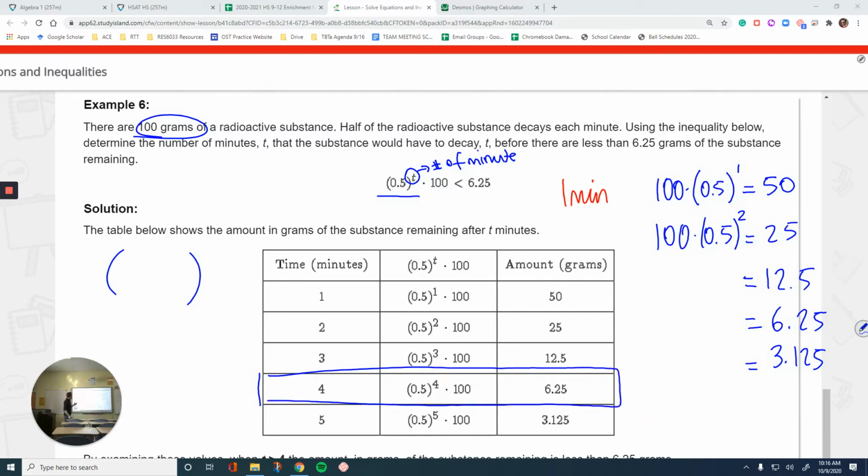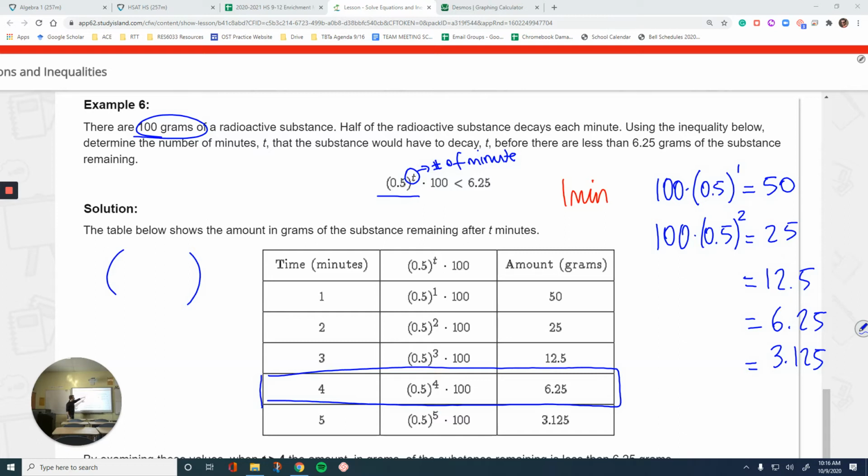So now this is the problem part. We need to comprehend what we read, okay? So it says how many minutes should have passed before there are less than 6.25 grams of substance remaining. If we wait 4 minutes, there's going to be exactly 6.25 grams left, right?